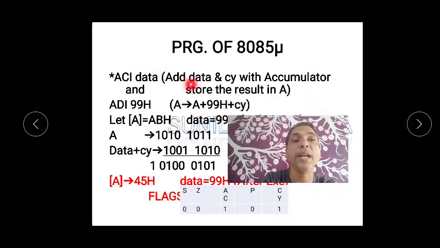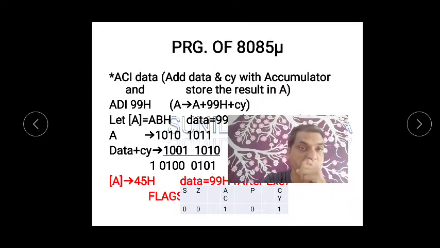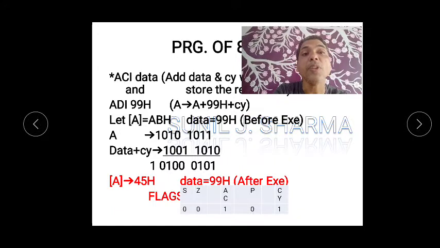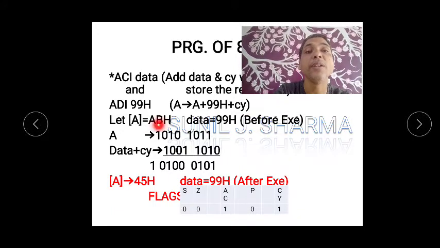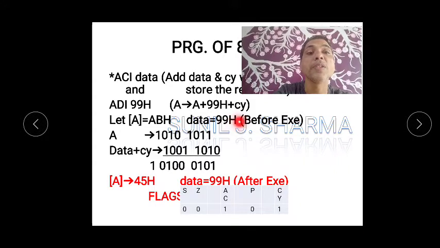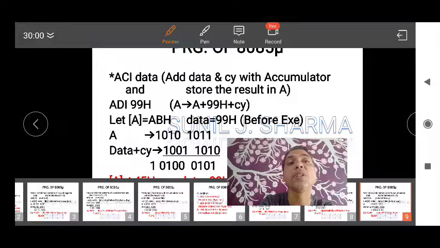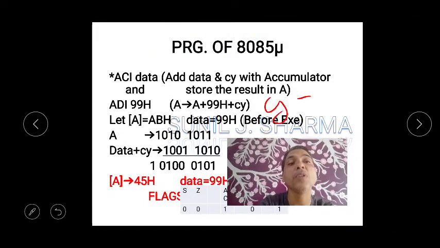So same thing, add data and carry with the accumulator and store the result in the accumulator. Now here also you can see that the accumulator value is AB, data is 99. I think here also they have missed that carry is equal to 1.